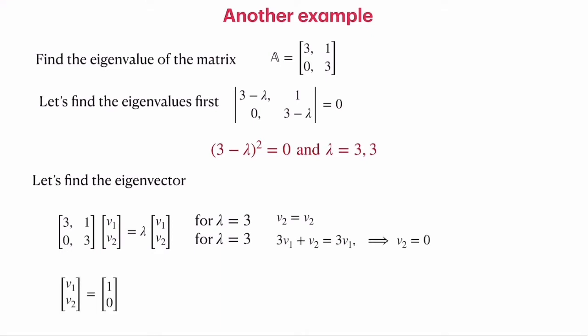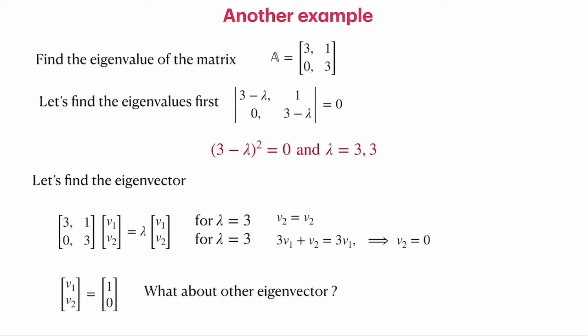For lambda equal to 3, we get 3v1 plus v2 is equal to 3v1. This implies that v2 has to be 0. Now proceeding with this, we see that there is no condition on v1, so that remains free. So we take the value of v1 to be any arbitrary number, but let's fix it to 1, and v2 has to be 0.